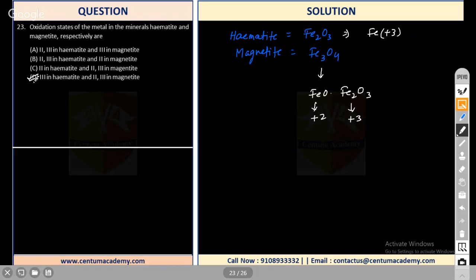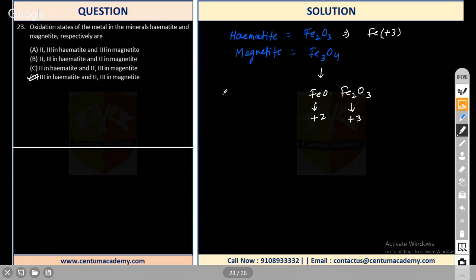Understood? Nothing was there in this question, but the only thing you should know is the formula. And this thing we have discussed many times. See, these kind of questions are informative questions.